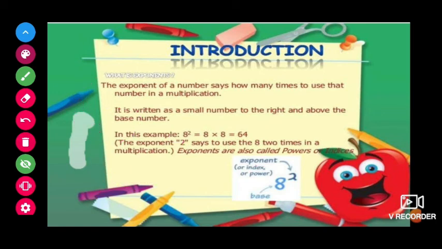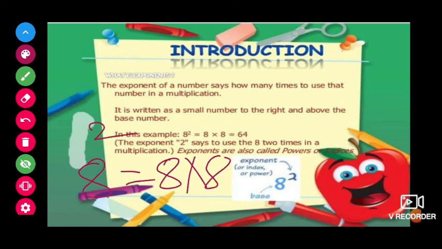Two more names are also there, that is index and power. We know that: exponent, index, power. If it is 8 to the power 2, that is nothing but 8 into 8. Here 8 is the base which is raised by power 2.